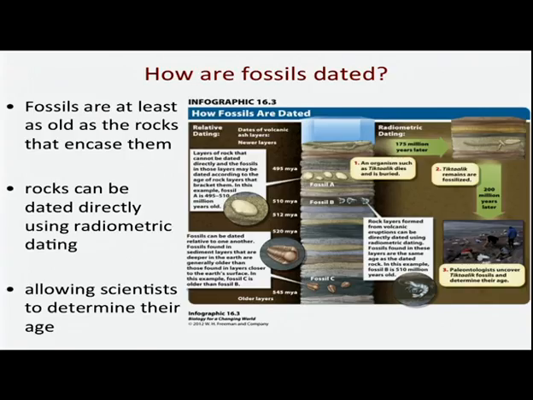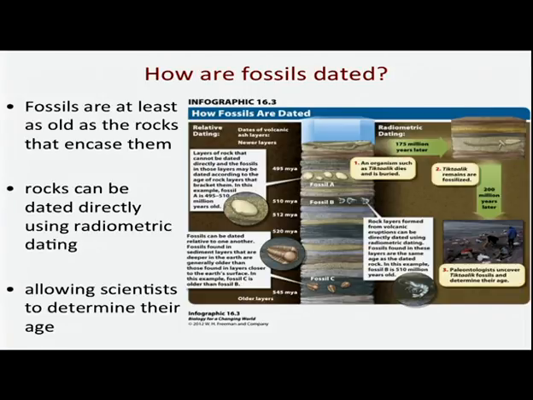Okay, so how do they know how old all these fossils are? They can use different laboratory techniques to determine carbon dating, I think you guys have heard about, right? They're just looking at the decay of minerals and other elements over time.